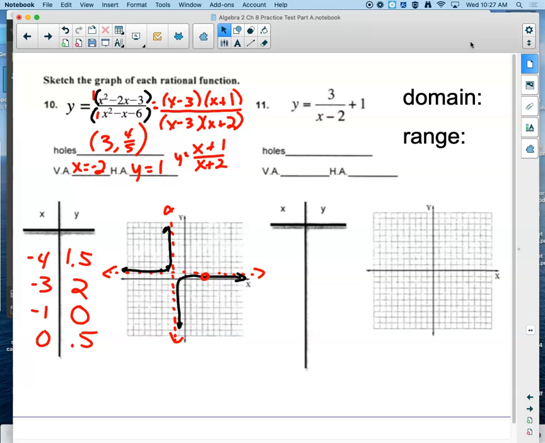And we're not going to ask you domain and range on these, although it wouldn't be that hard, right? What x value is out? And the hole, yep, -2 and 3. What y value is out? 1, because that was an asymptote.